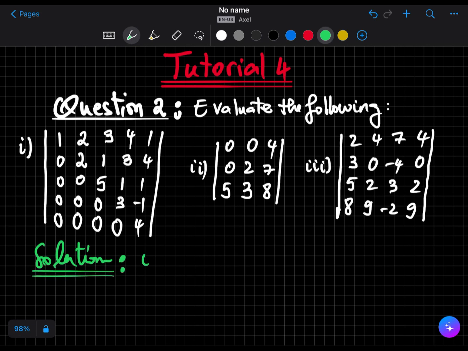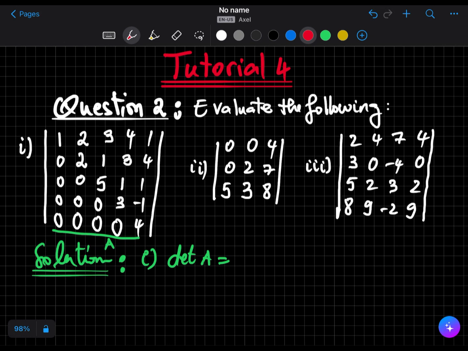Let's start with the first case, I. Assuming that I call this matrix here matrix A, we have to find the determinant of matrix A. Now, what do you realize when you take a close look at matrix A?